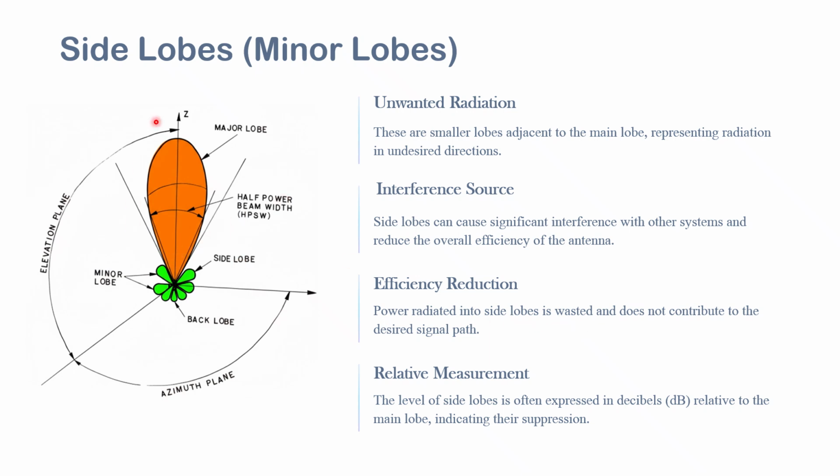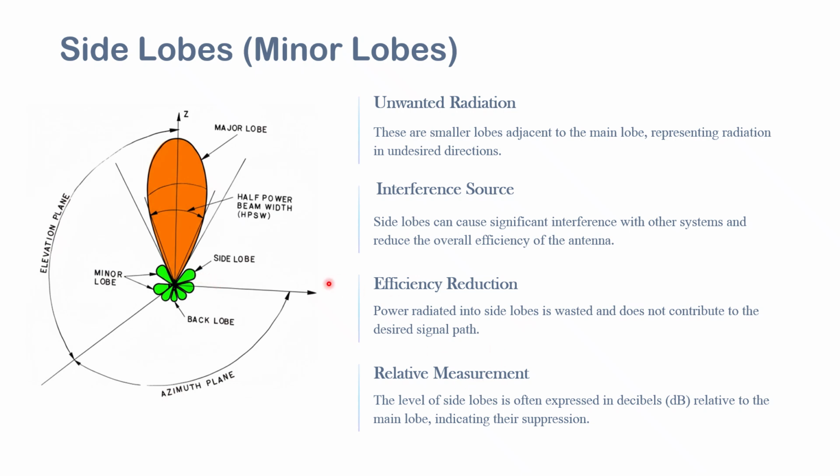Actually my entire signal has to be transmitted only along the z-axis, but still some radiation is observed other than along the z-axis, which is marked in green color. So my power is being wasted in transmitting the signal as side lobes. This has to be avoided. This is an undesirable radiation lobe with respect to an antenna.